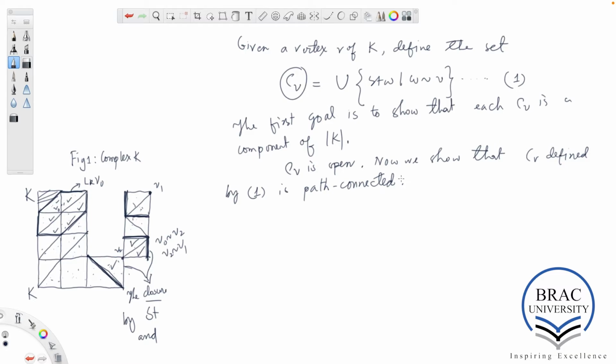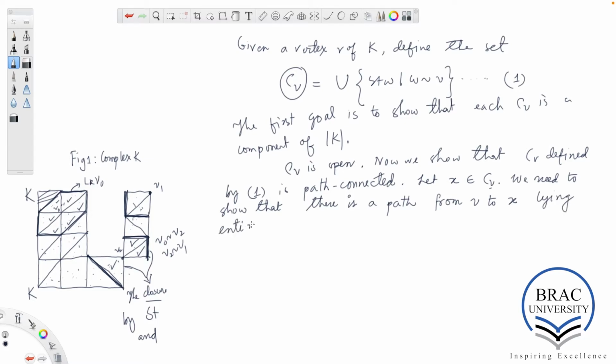Okay, let X be a point in CV. We need to show that there is a path from the point V to the point X lying entirely in the set CV.